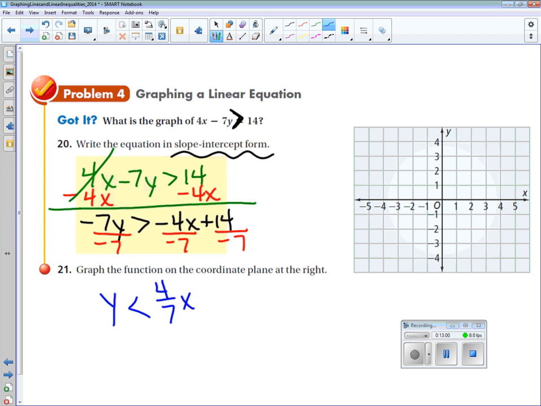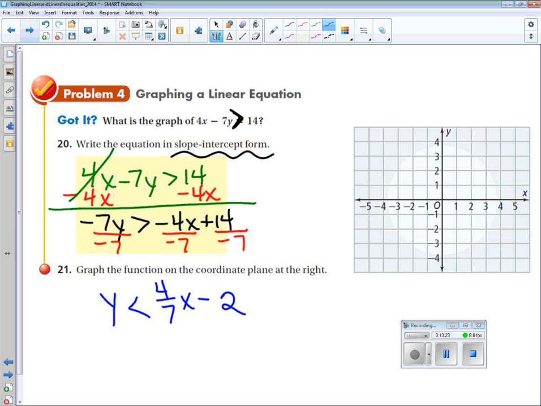Look up here. Tell me what the y-intercept's going to be. It's the last number. Hang on, let him figure it out. Okay, 14 divided by -7. What is that? -2, okay? So there's my inequality, and I need to graph it.